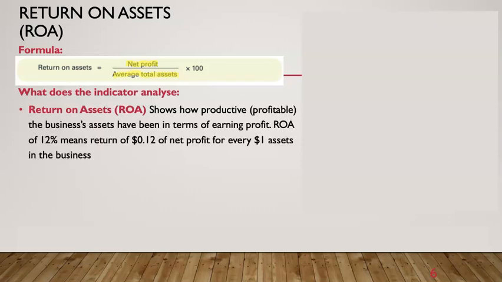It shows how productive or profitable the business assets have been in terms of earning profit. So a return on assets of 12% means the assets returned 12 cents of net profit for every $1 of assets in their business. This is measuring the effectiveness and the efficiency of our assets to make profit.